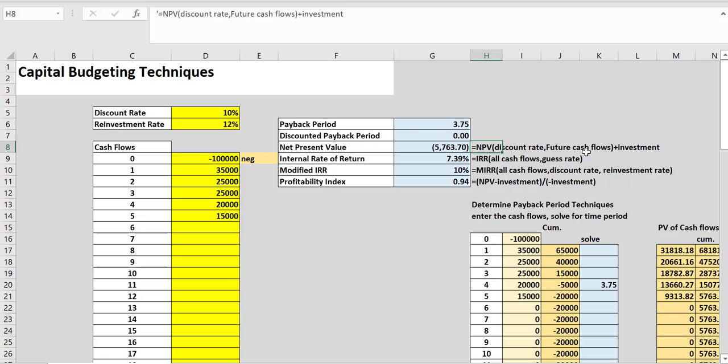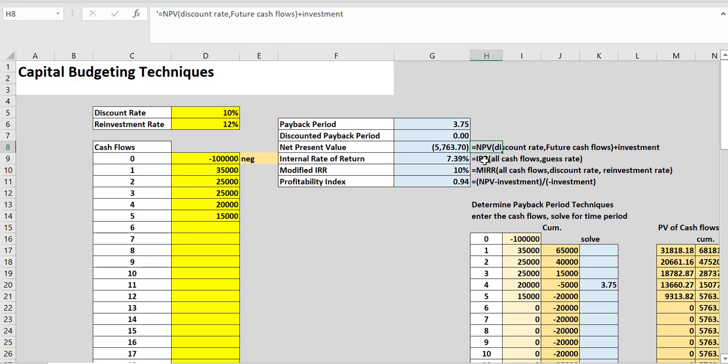But then we have to add the investment, right? So it's the present value of all the cash flows. That's what Excel calls NPV. And we also have to then subtract, or in this case, because of the formula, we need to add the negative cash flow of the investment.